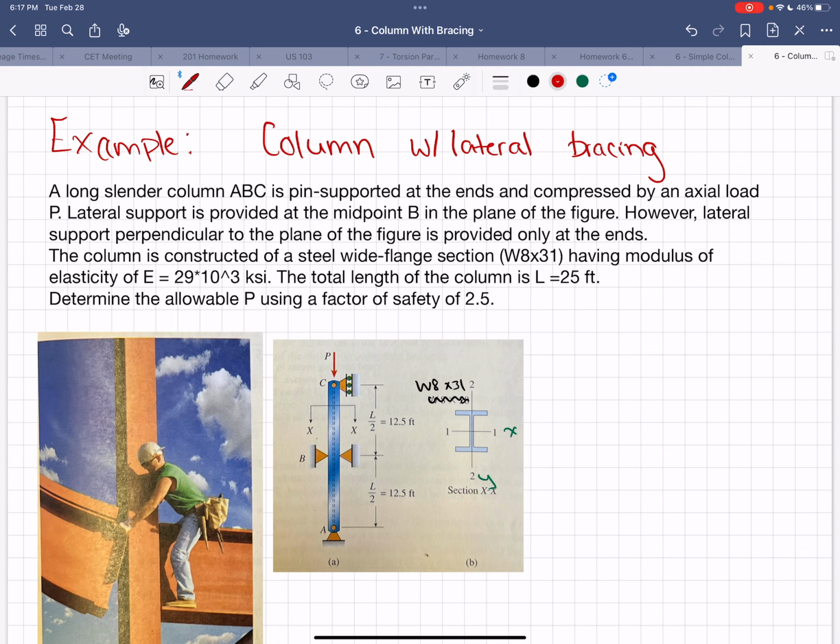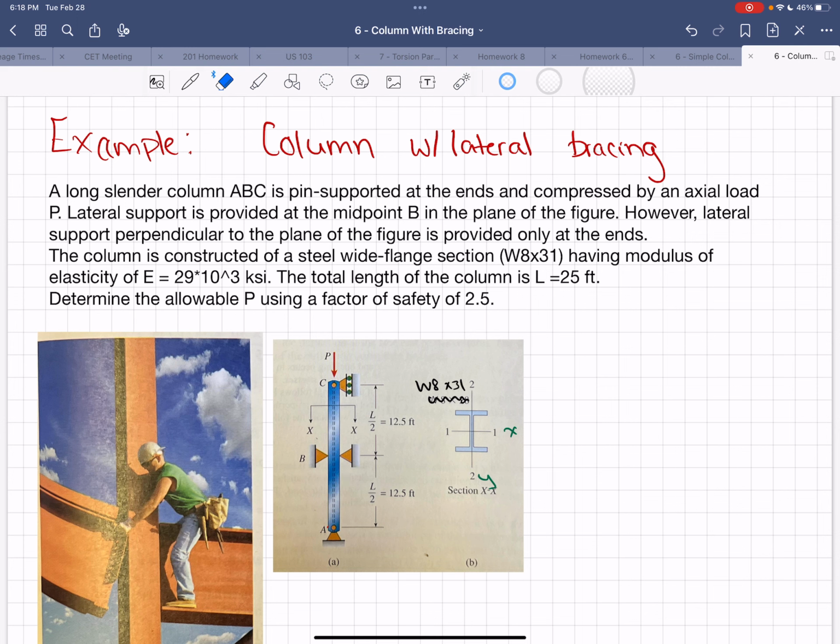Then we have lateral support perpendicular to the plane provided only at the ends. So if this bends out of the page, coming out at us, it's going to be able to bend the whole length.